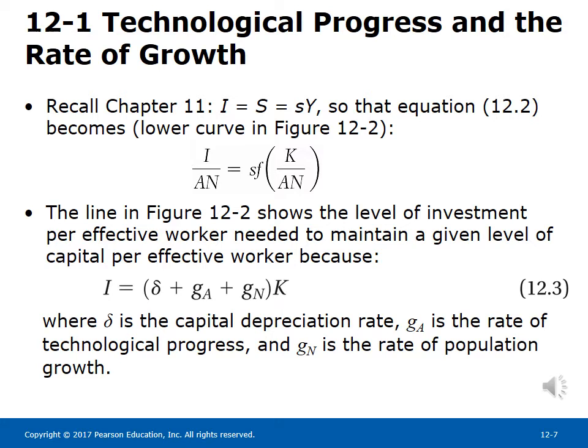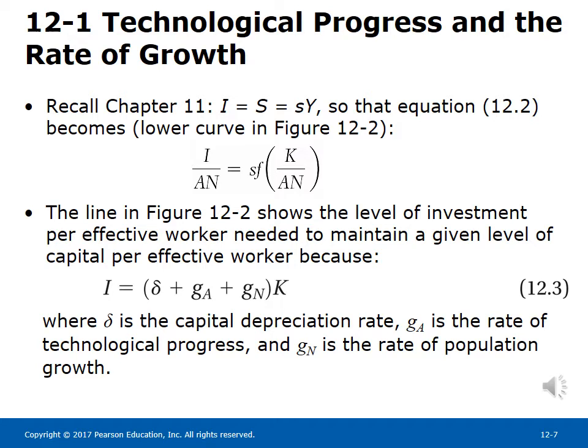The line in Figure 12-2 shows the level of investment per effective worker needed to maintain a given level of capital per effective worker, because I equals delta plus GA plus GN times K, where delta is the capital depreciation rate, GA is the rate of technological progress, and GN is the rate of population growth.